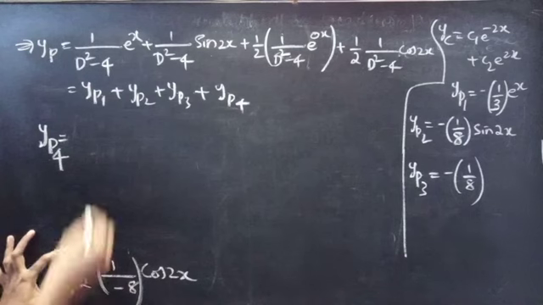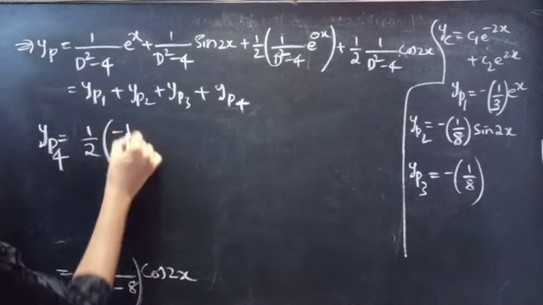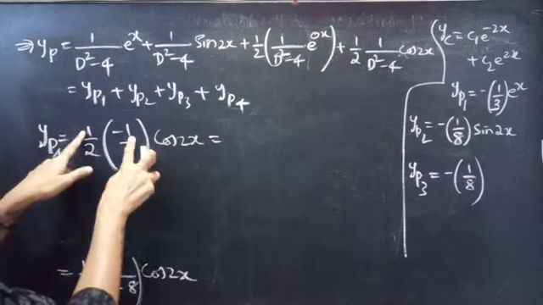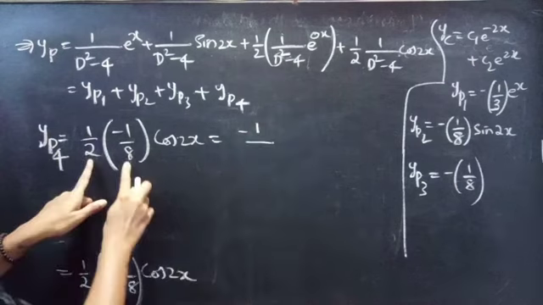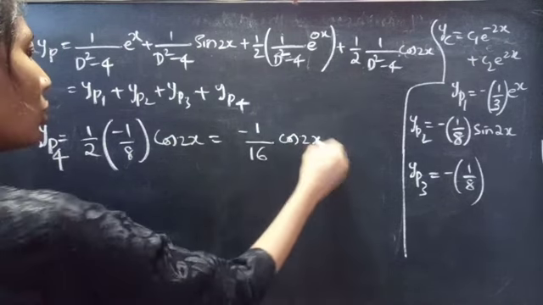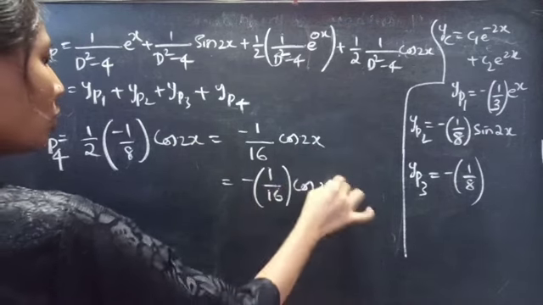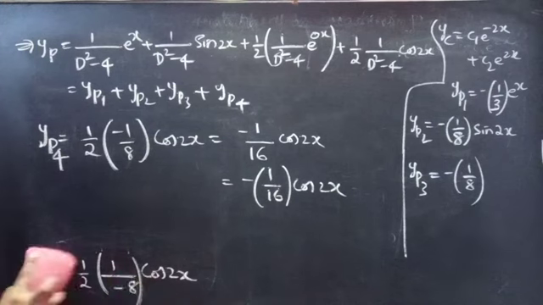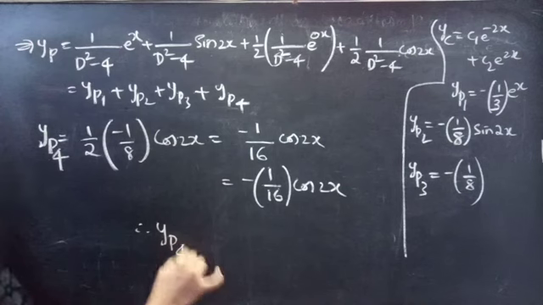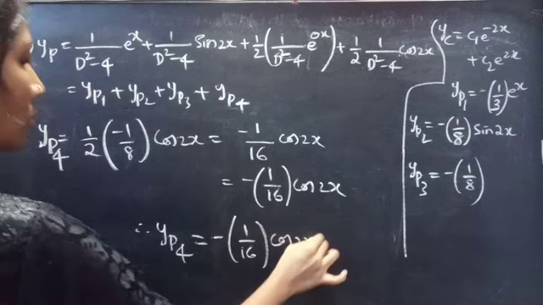Now we can write 1 by minus 8 as minus 1 by 8 into cos 2x, which is 1 into minus 1 is minus 1 by 2 eights are 16 into cos 2x, or minus of 1 by 16 into cos 2x. So therefore yp4 equals minus of 1 by 16 into cos 2x.